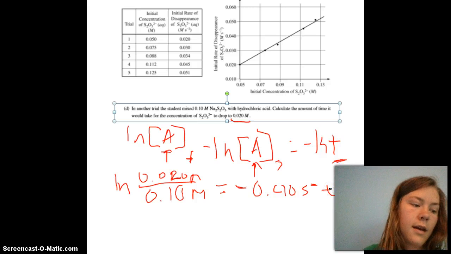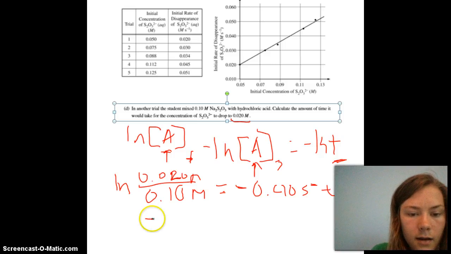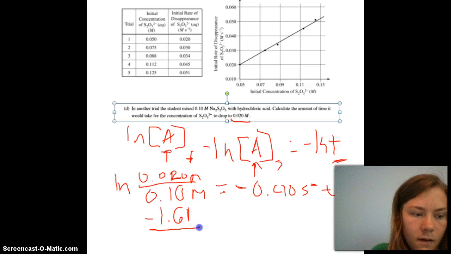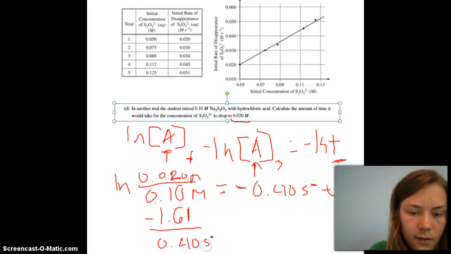Okay, so then we eventually get down to negative 1.61 all over 0.40 inverse seconds.